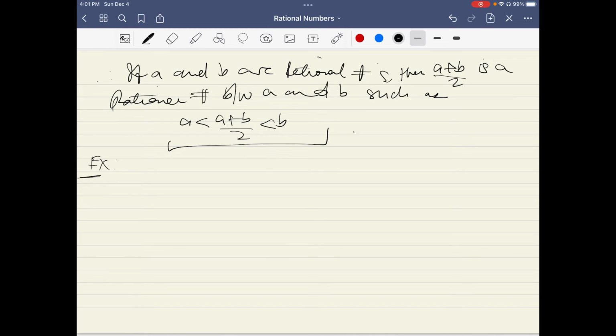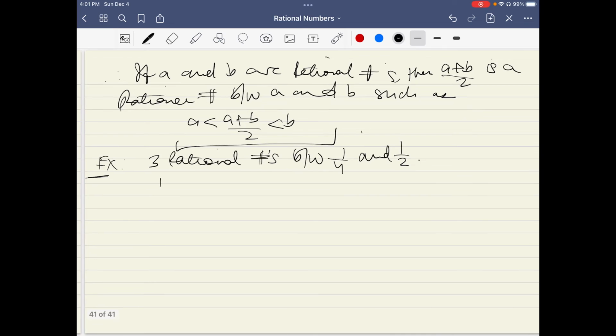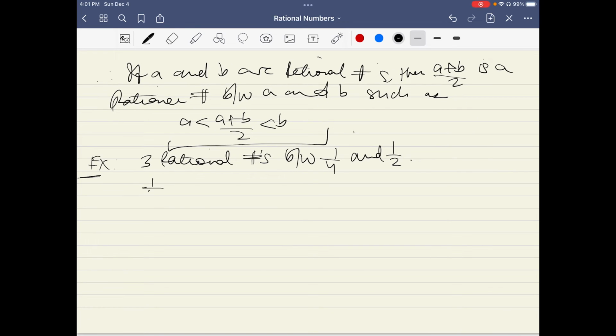Example, find 3 rational numbers between 1 over 4 and 1 over 2. We know that 1 over 4 is less than 3 over 8, less than 1 over 2. So we know of a rational number between 1 over 4 and 1 over 2, which is 3 over 8.